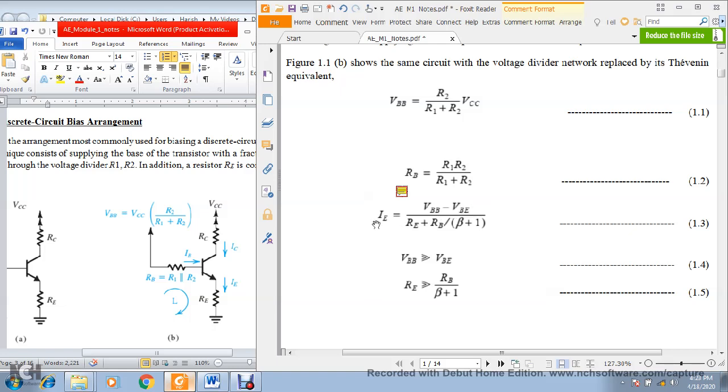So this makes IE independent of VBE to a certain extent. It doesn't mean that you can increase VBB to the maximum value, because it reduces the voltage gain of an amplifier. So there is a trade-off.